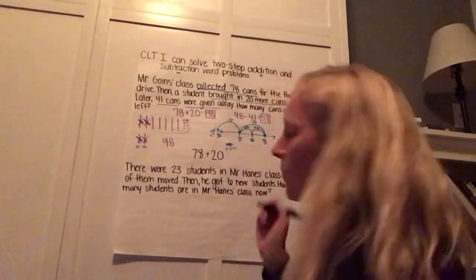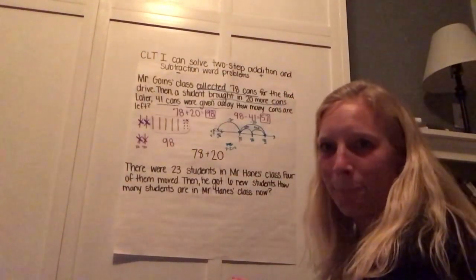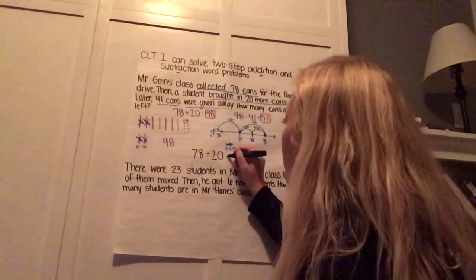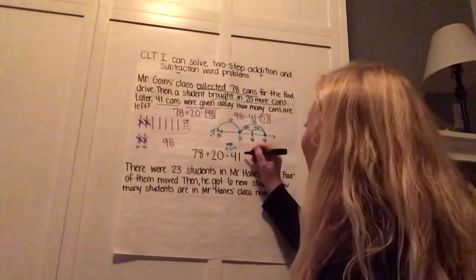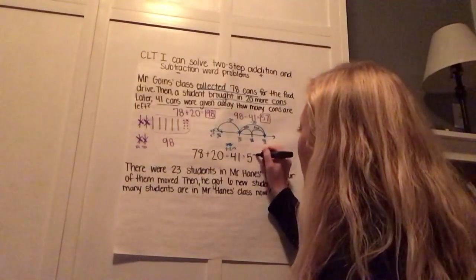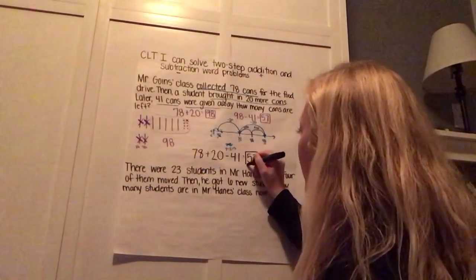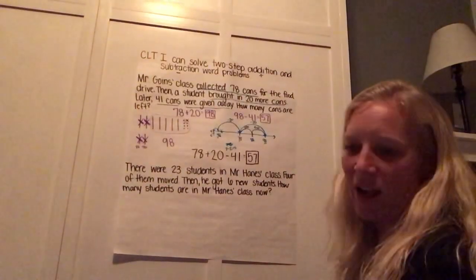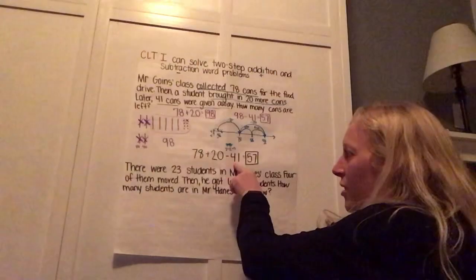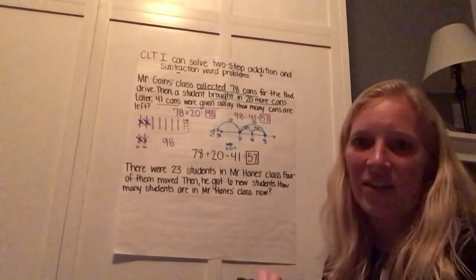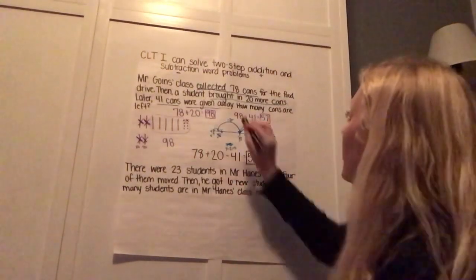Plus 20. Then what? Take away 41 equals 57. Now 57 is the big unknown, right? This we had to do first, and then we could do that, and we got 57 as our difference.